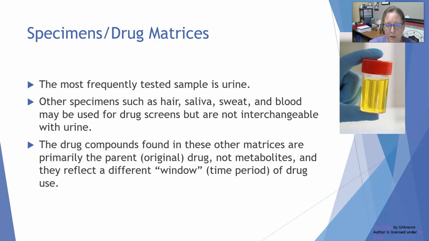The drug compounds found in these other matrices are primarily the parent of the original drug, not their metabolites, and they reflect a different window of drug use. For hair, it's going to be a longer time period. Screening using hair for either pre-employment or admission into a health professional program is trying to find habitual drug users and, unfortunately, usually deny them entry into the program, because that can be a problem with practicing the profession.